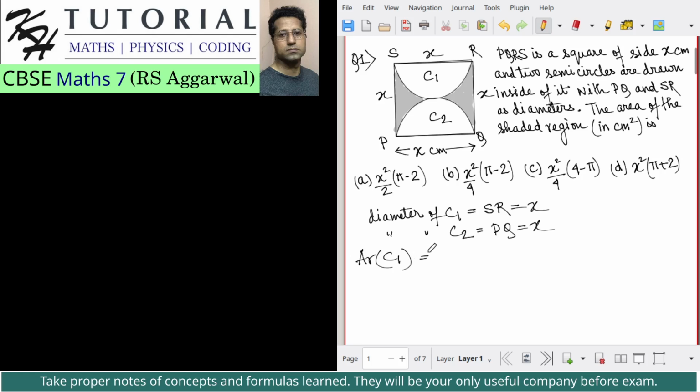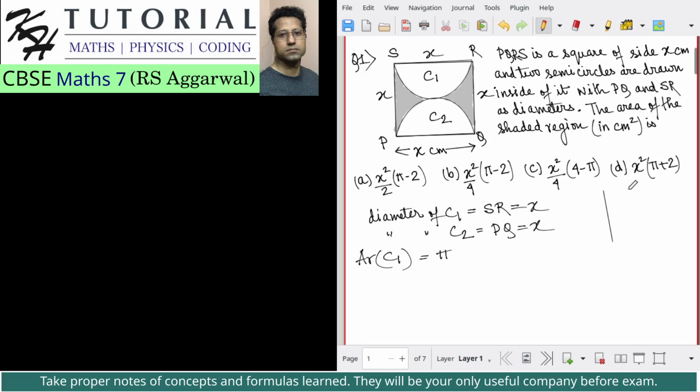So a semicircle is half of a circle, so its area will be half that of a circle. Now remember that the diameter of C1 is x, and the diameter of C2 is x. That is, the diameter of both the semicircles is x.